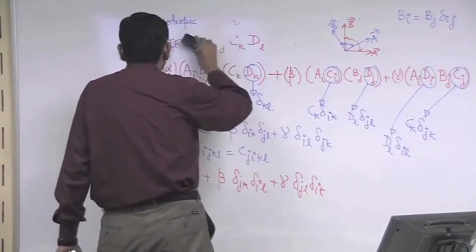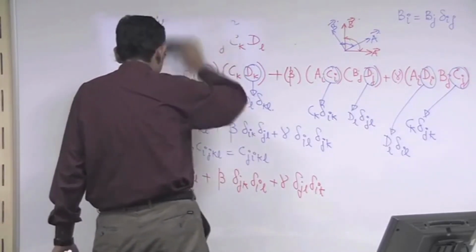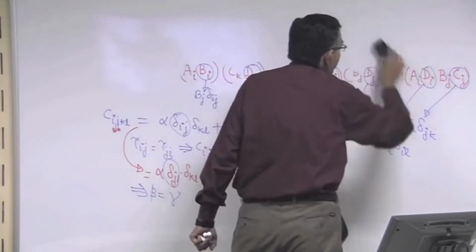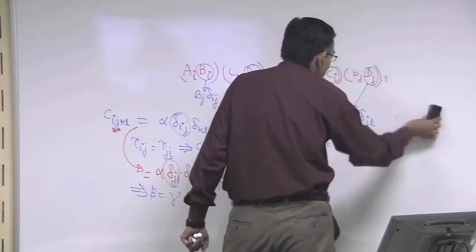Now let us write an expression for tau ij deviatoric, that is Cijkl into Ekl.